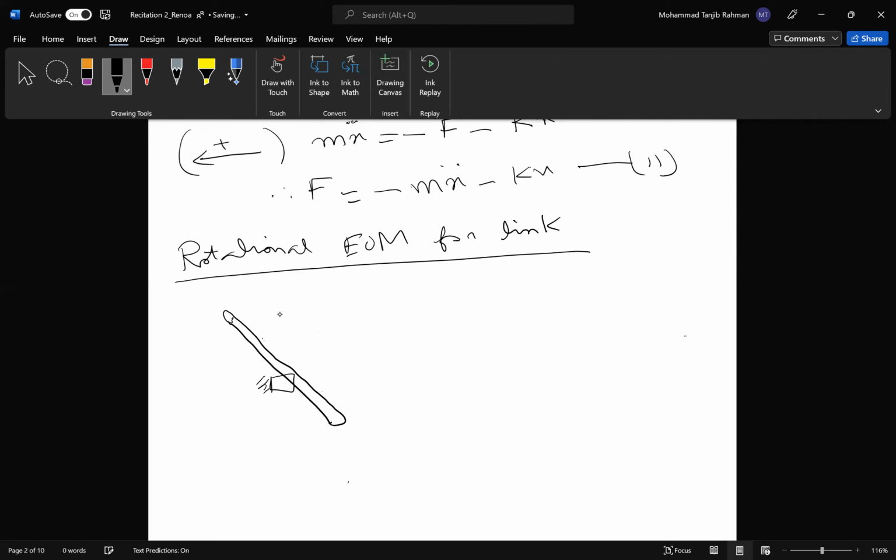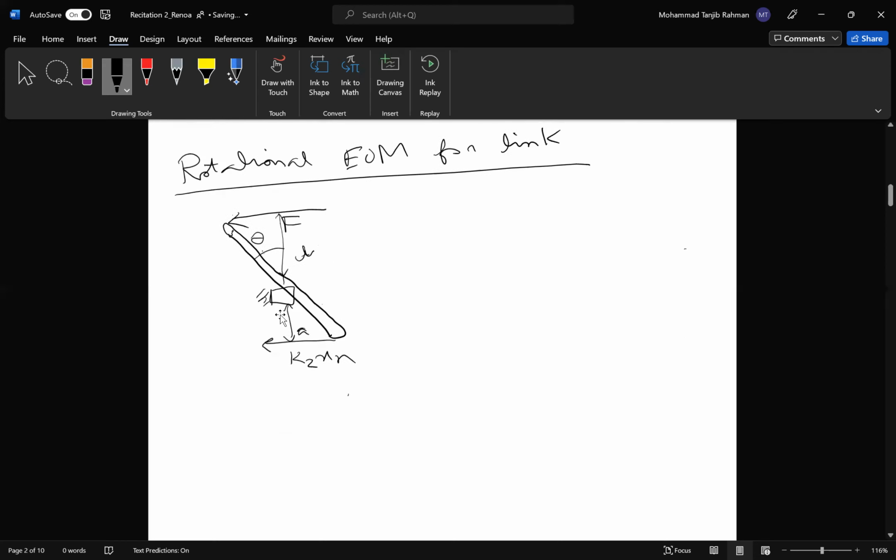So there would be a reaction force at this end, which is going to be F, and there is going to be a spring force, which will be K2xn. And this distance is B, this is A, and I'm going to call this theta.